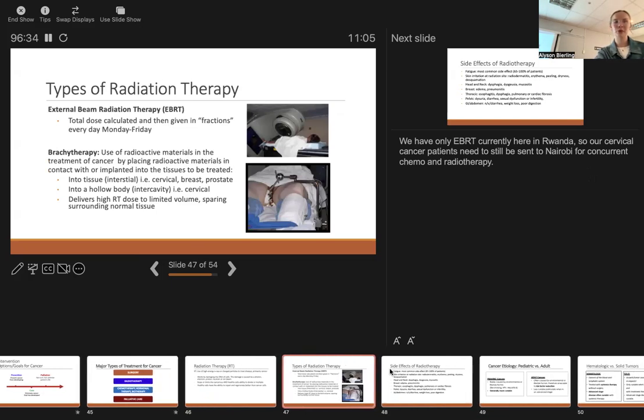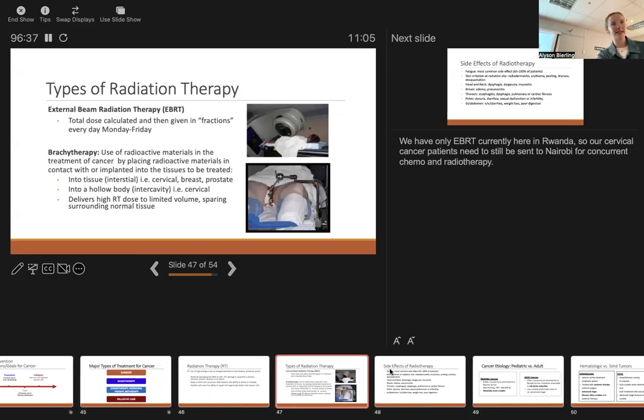All right, so in general, there are two types of radiation therapy. So external beam radiation therapy is shown in the top photo. So the radiation therapy is applied from this EBRT machine that's external to the patient, and then the radiation rays are delivered to the part of the body where there is cancer.